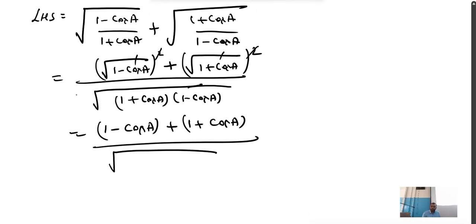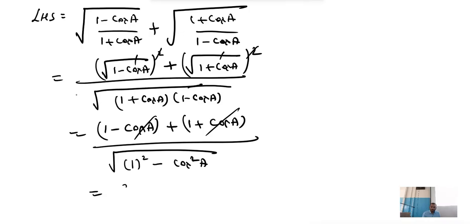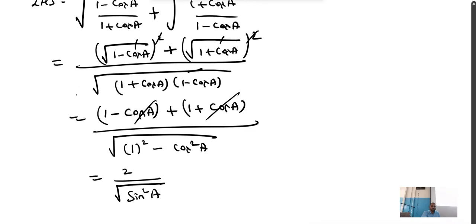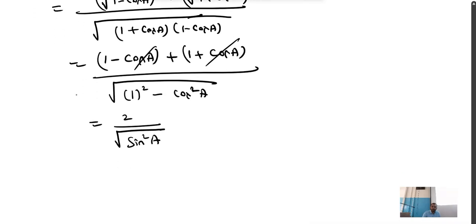root of, A plus B into A minus B is A square minus B square. Remember? Now, plus cos A minus cos A gets cancelled. 1 plus 1 is 2, divided by root of 1 square, 1 minus cos square A, sin square A. Identity: sin square A plus cos square A is 1. Then it is equal to 2 by sin A, as square and square root get cancelled.